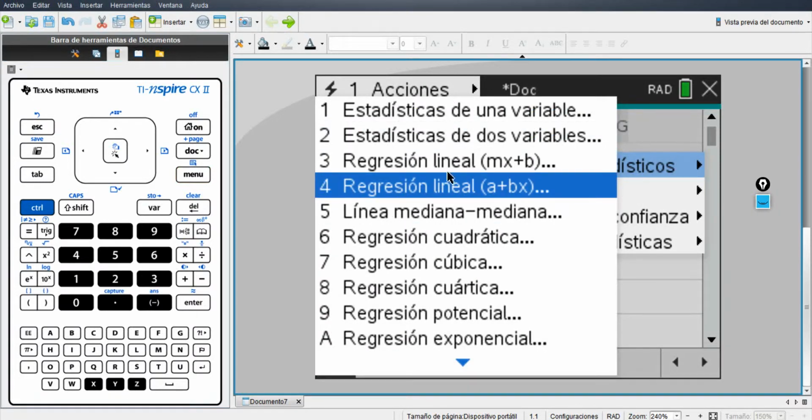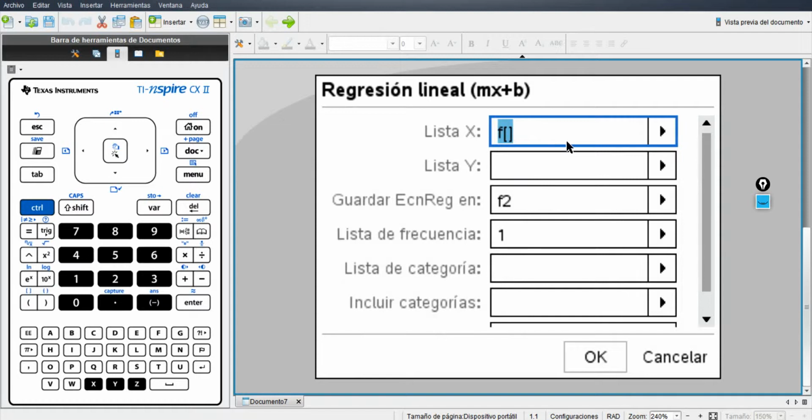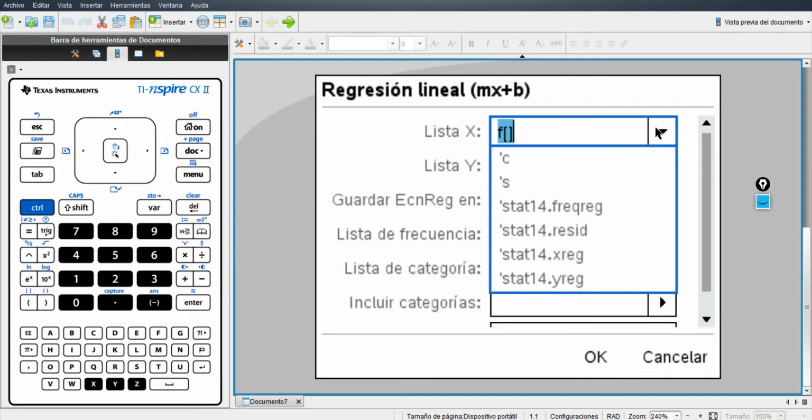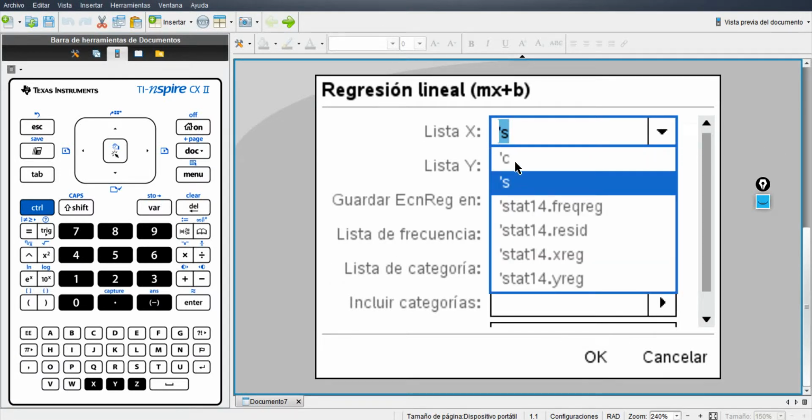You're not going to go here. You're going to go to the same place, linear regression mx plus b. Okay, click on this. But now, like I said, the only thing you have to change is the x-axis, which is the horizontal axis. You're going to put the other variable, which is the tickets sold. This one. Previously we had chosen this one, cost.